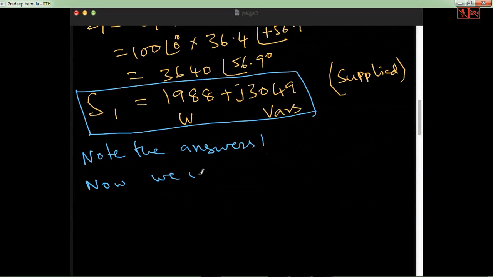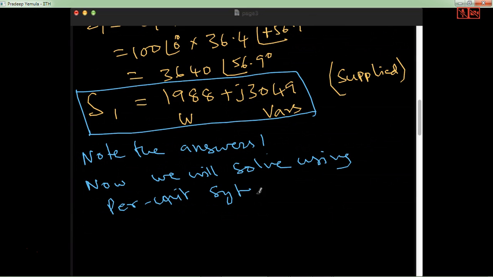Now we will solve using the per unit system.